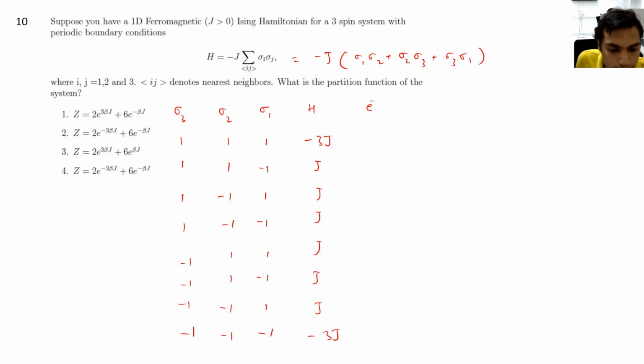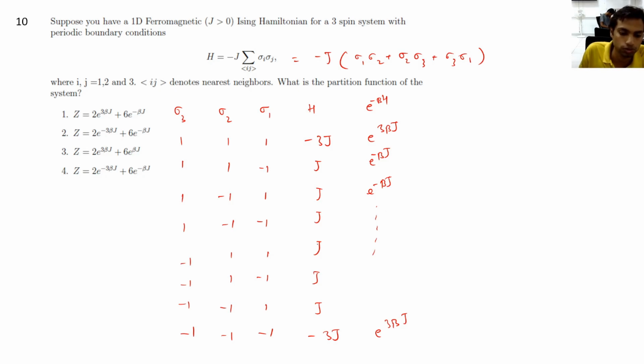So e to the power minus beta H will be e to the power 3 beta J for this one, and e to the power 3 beta J for this also. And for the rest, e to the power minus beta J, up to 6 values.